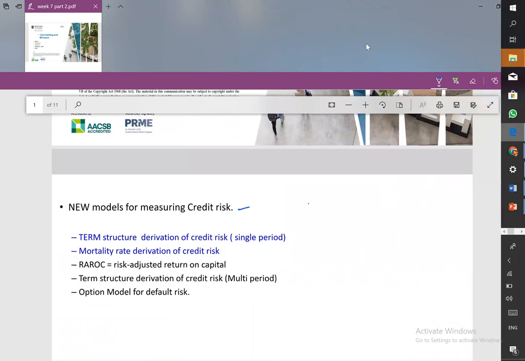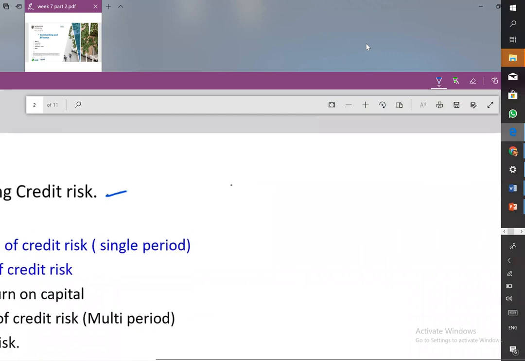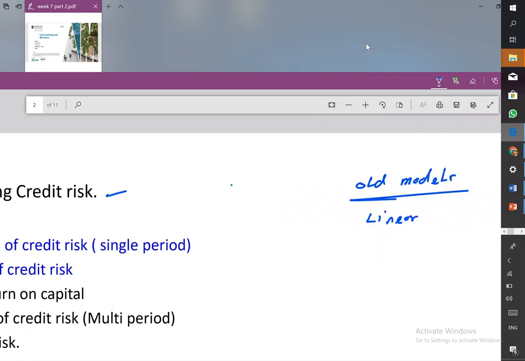As you know, we have talked about the old models, which are the probability models: the linear probability model, and we have the logit one, and we have the Altman Z, the discriminant model.